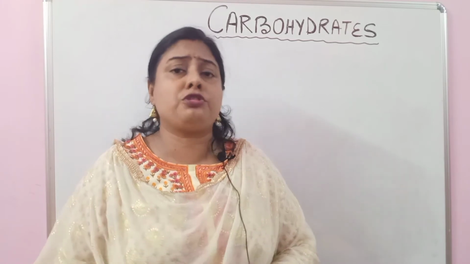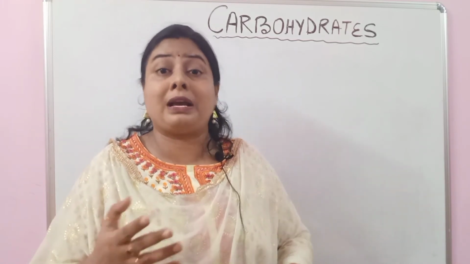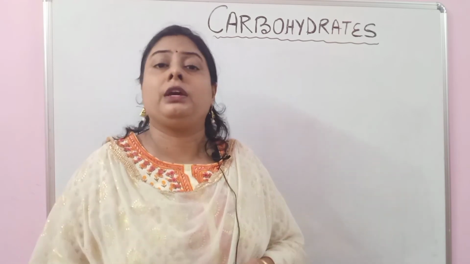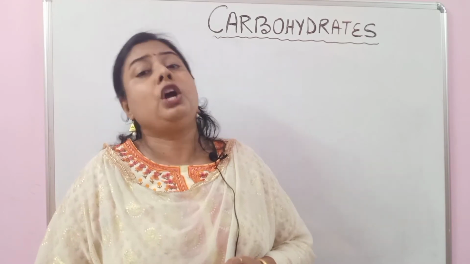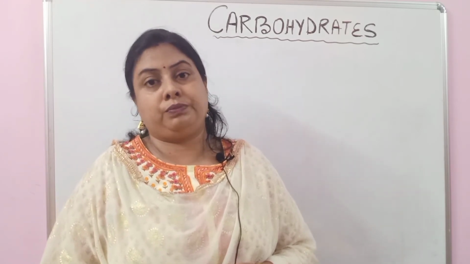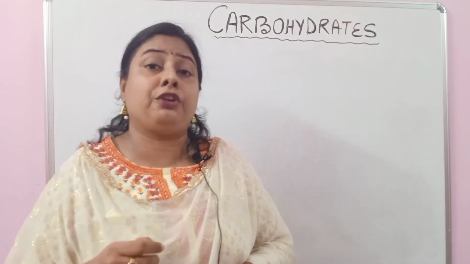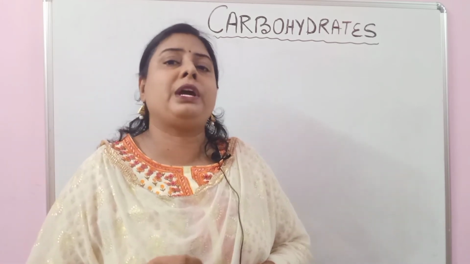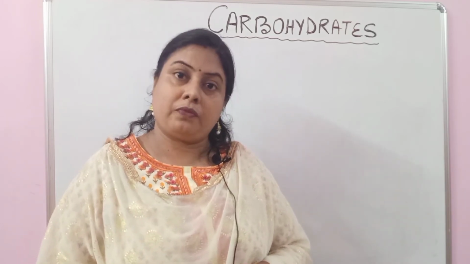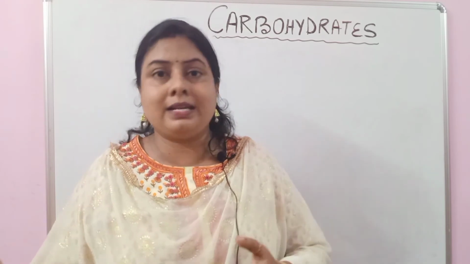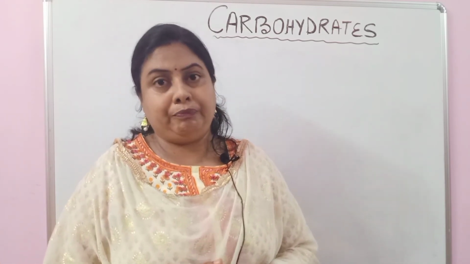The Benedict solution, the Fehling solution, which are used to detect the presence of glucose in urine, is actually based on this reducing property of glucose. They act as reducing agent and they reduce the cupric ion to the cuprous form, thereby causing a color change which can be detected visually.